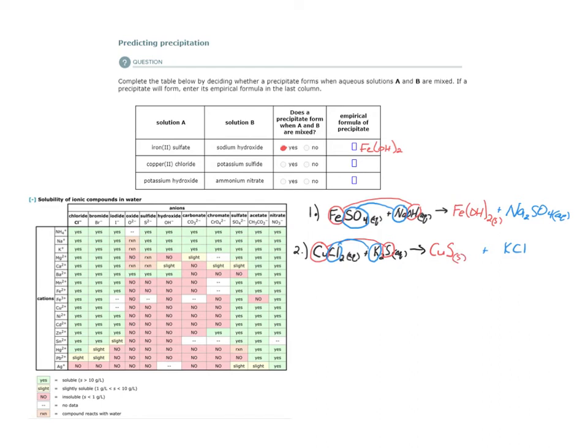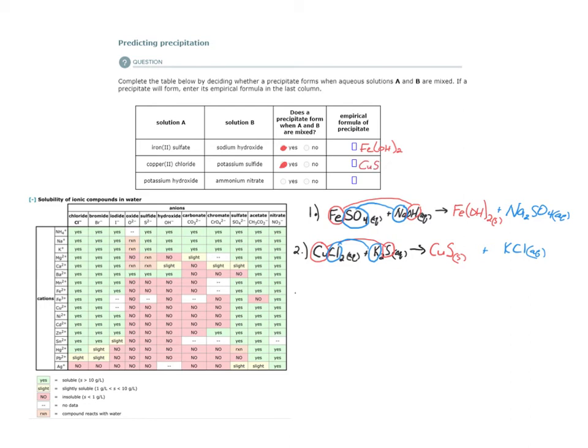What about potassium chloride? Potassium chloride, it is soluble in water. So there I would indicate that this remains dissolved. It does not come out of solution. So if I take a beaker of this and a beaker of this, two solutions, mix them together, I'll have precipitate that will appear. So I do have a precipitate, and its empirical formula is CuS.